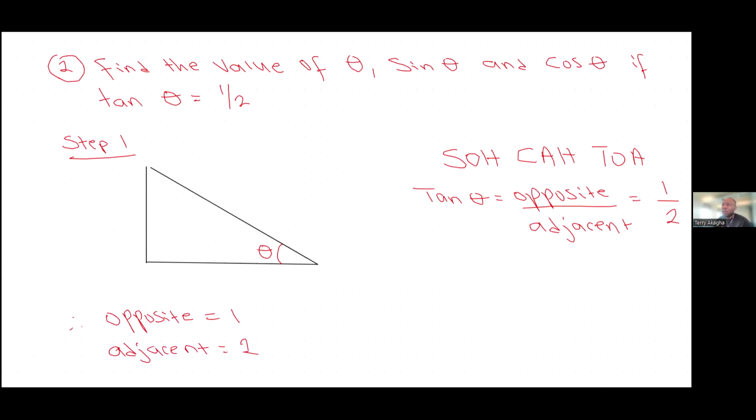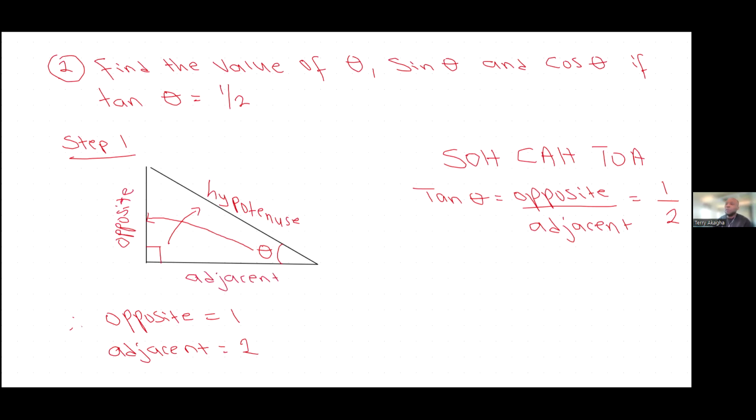So if this is theta, we already know that this is a right angle. So this part here is the hypotenuse. This part here is going to be the opposite. And the remaining side here is going to be the adjacent.